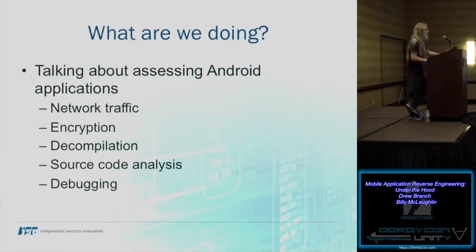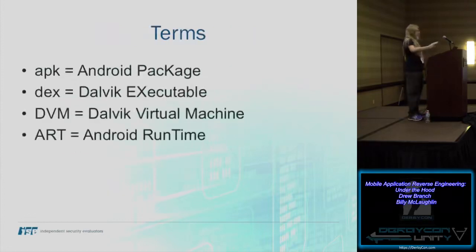I was just off by a slide. Apologies. I want to talk about a couple of terms that you might not be familiar with that are required for this. An APK is an Android package file. It's basically the equivalent of a Windows MSI or a Debian deb file, basically just an installer. It contains everything that's required for the application to run.